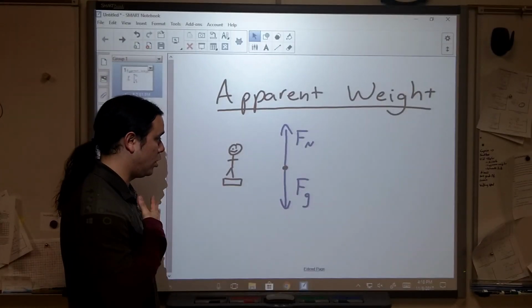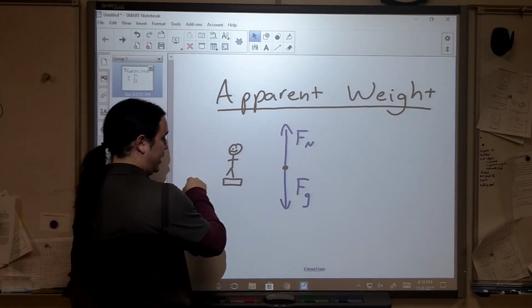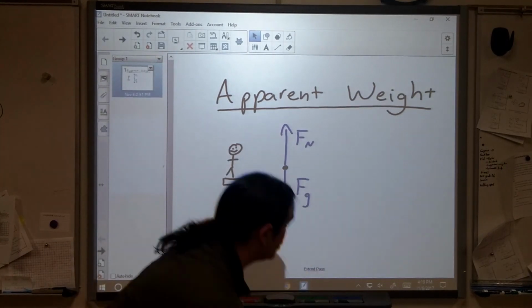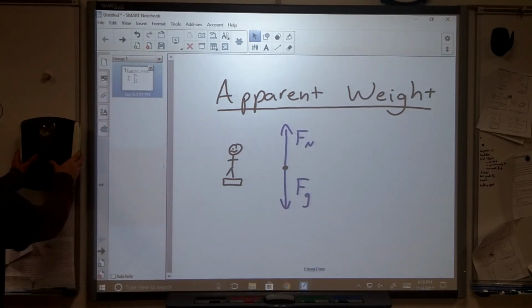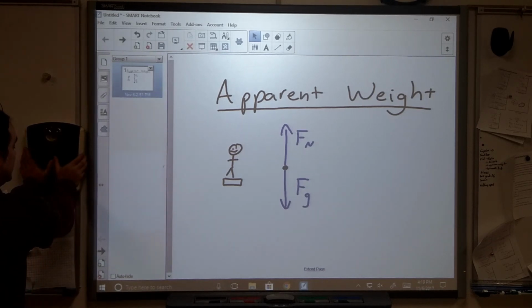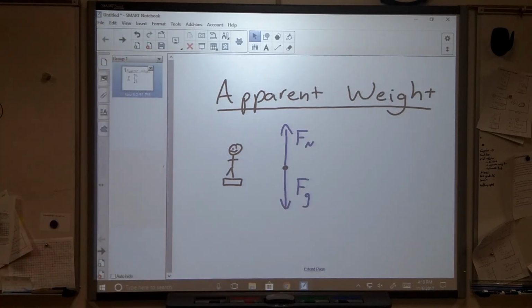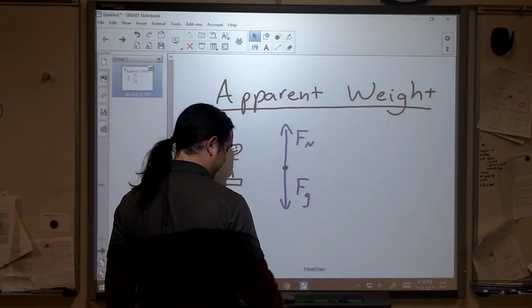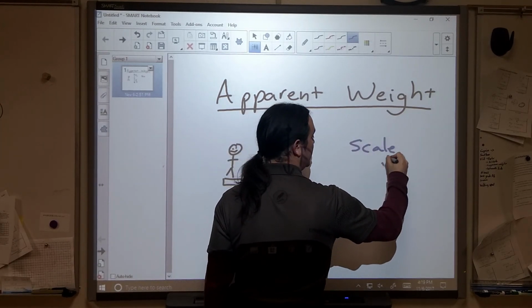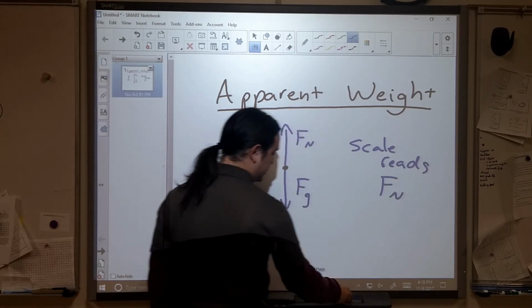Does that mean that gravity is no longer pulling on me? No. What we're actually getting, and you can check it like this too, take the scale, put it up against the wall, and push. And you'll find that you can actually get it to read something. What the bathroom scale actually reads is not the force of gravity, but the normal force.